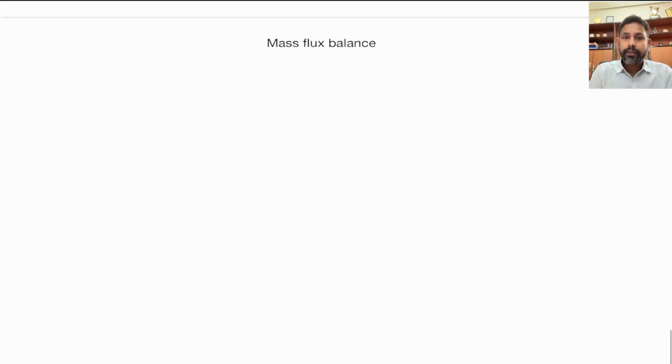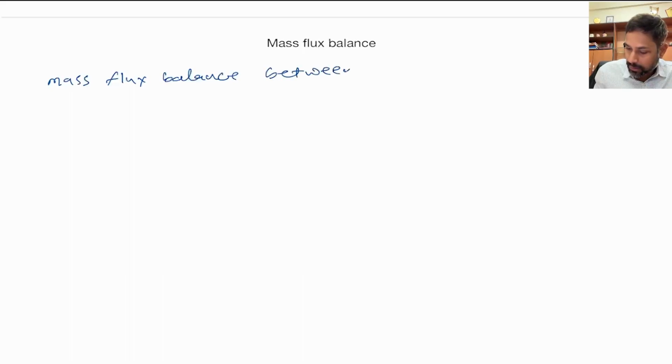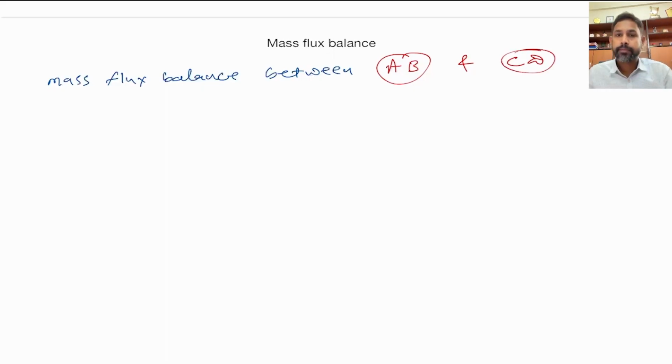Now, having considered Bernoulli equation at two different points and derived pressure condition, we can apply mass balance between two sections, AB and CD.